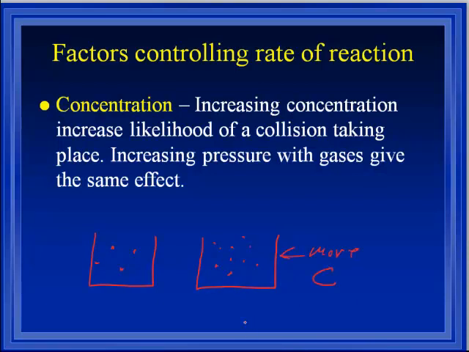Well, let's say they have the same temperature, the same amount of kinetic energy, and they're bumping into each other with enough force. This one right here, because you have a greater concentration, is going to increase the odds of a collision taking place. It just makes sense. 10 things would bump into each other more often than just 4 things.